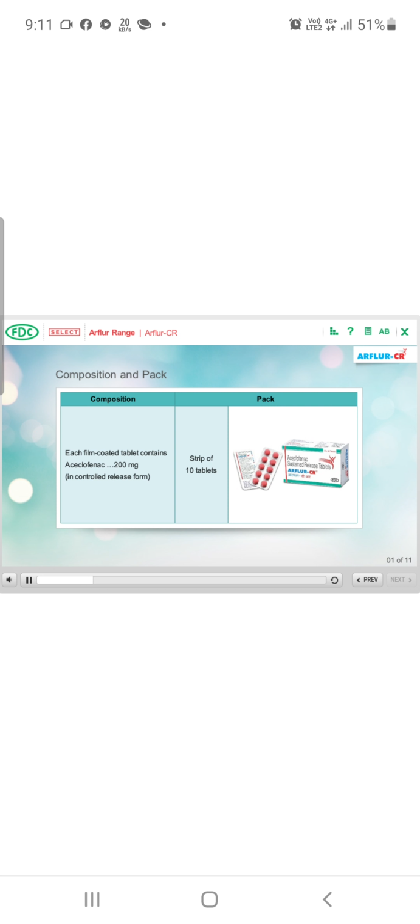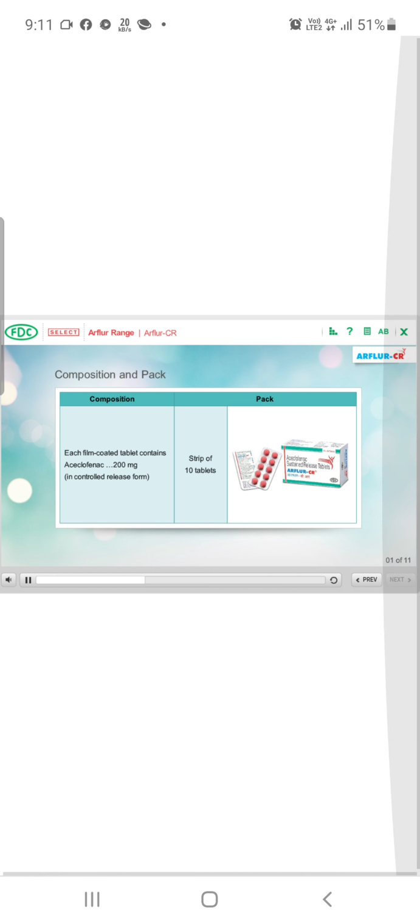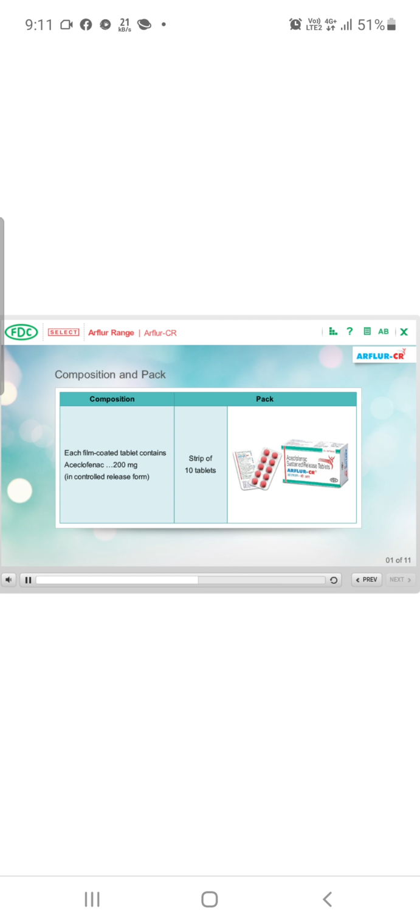Here is the composition and pack of Arflur CR. Select the pack shot to view an enlarged image of the same.